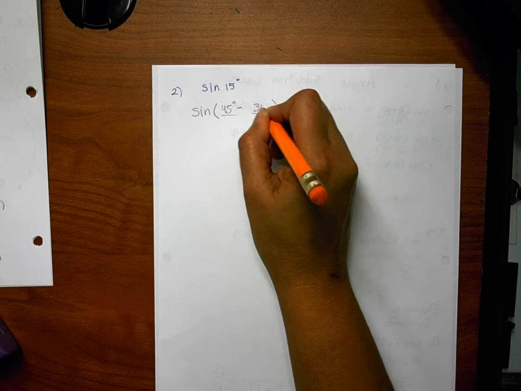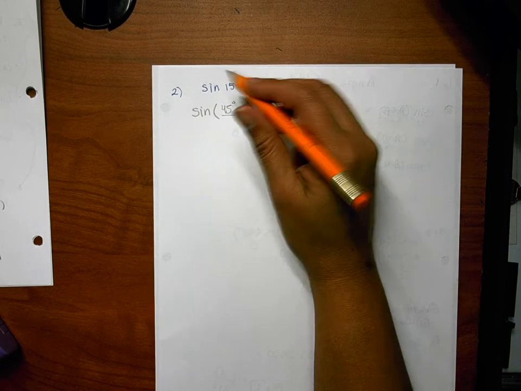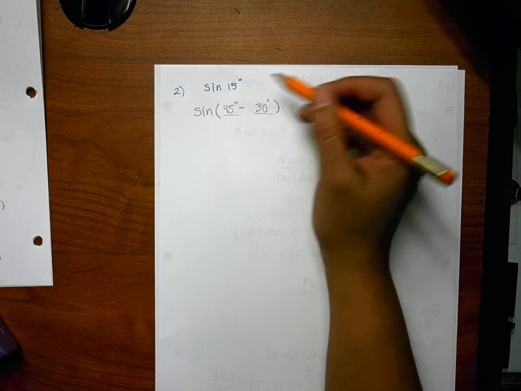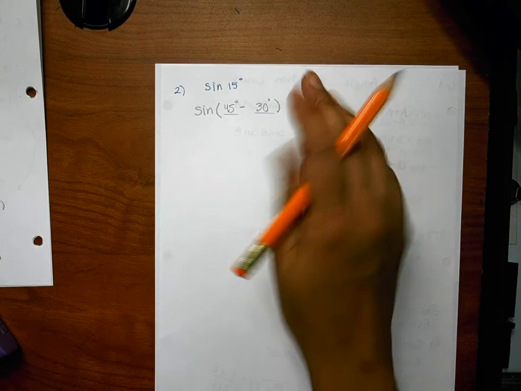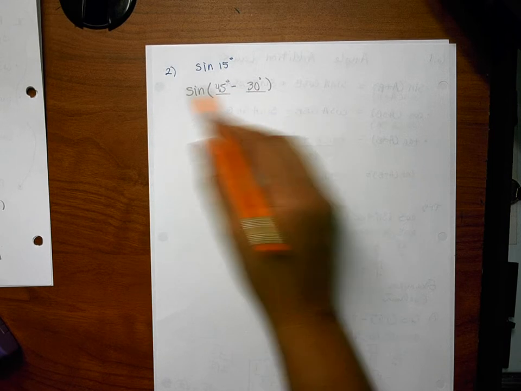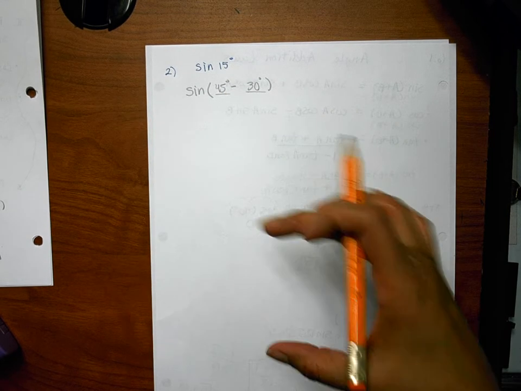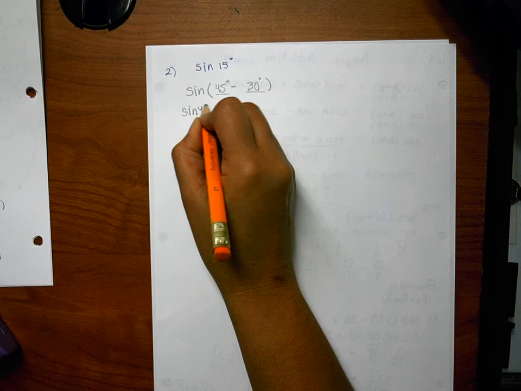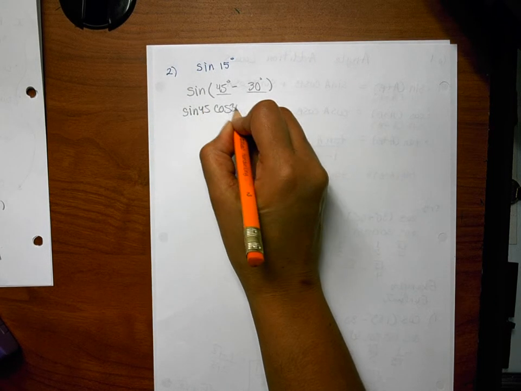All right, I'm going to use 45 degrees, take away 30 degrees. Now, if somebody else uses 2 other sets of numbers that still add or subtract to 15, it will still work out to be the same answer in the end. Okay, I'm going to rip it apart. It's sine, so it's friendly, and the same sign.